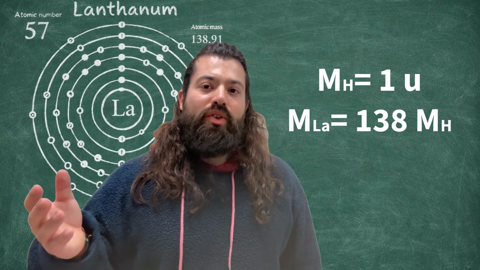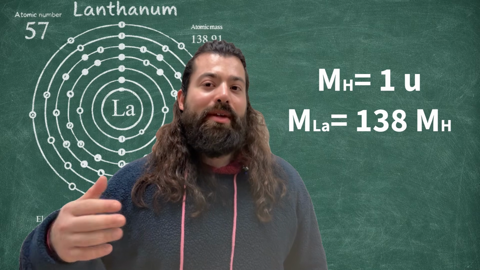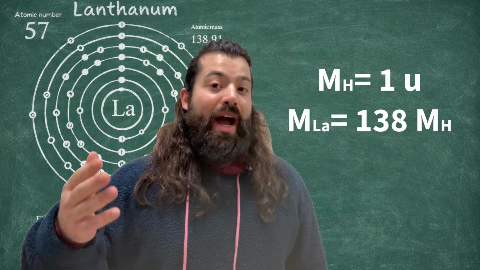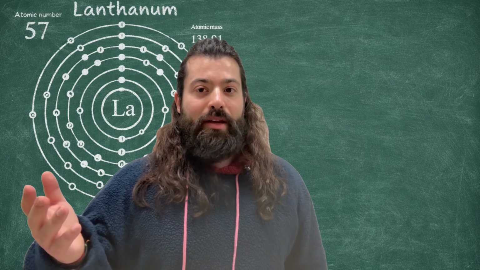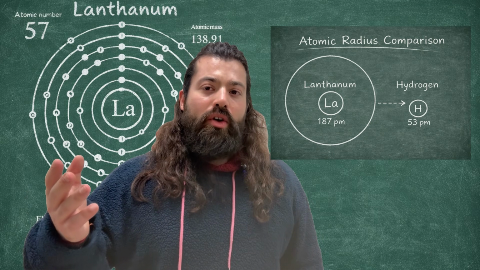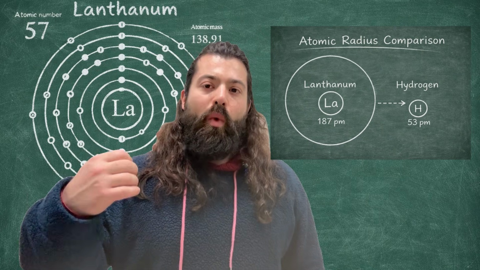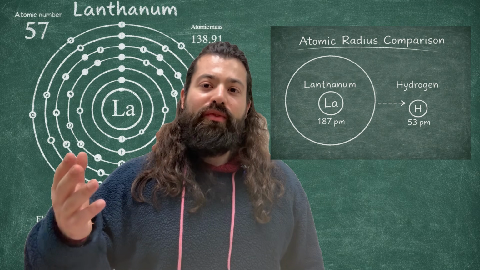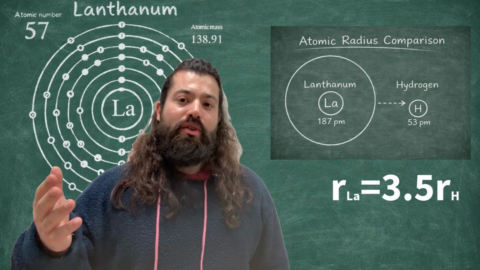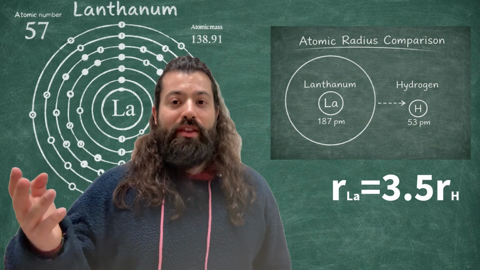The atomic mass of lanthanum is 138, which means that it is approximately 138 times heavier than hydrogen. The atomic radius of lanthanum is 187 picometers, while hydrogen's is about 53 picometers, which makes lanthanum's radius 3.5 times greater than the one of hydrogen.